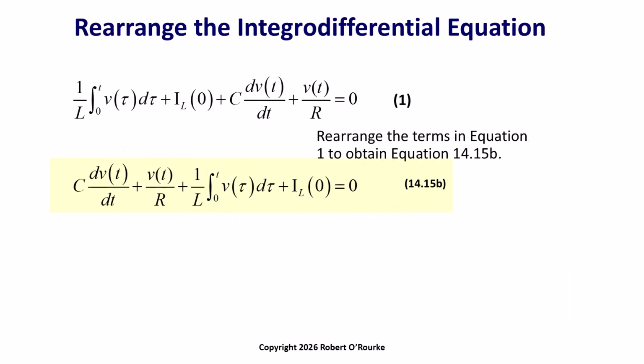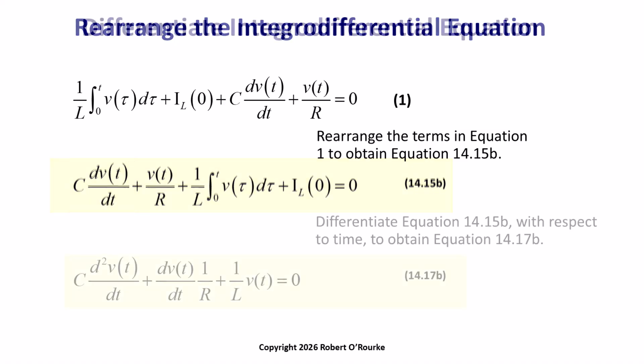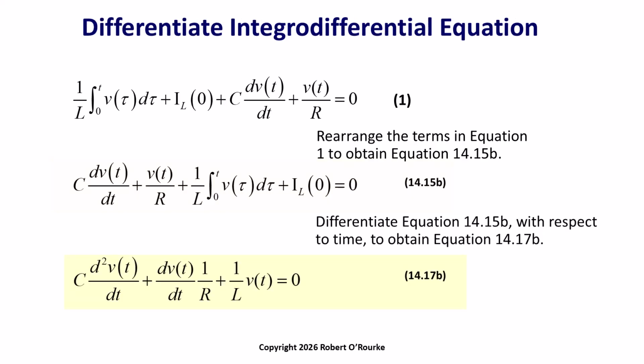Rearrange the terms in equation 1 to put the capacitor term first, as shown in equation 14.15b. Differentiate the whole equation 14.15b to obtain equation 14.17b.